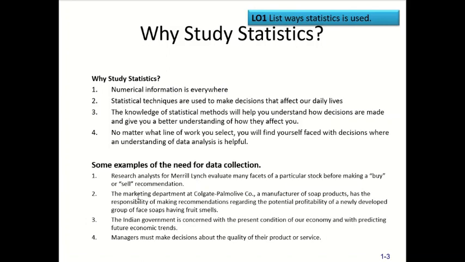Now if we consider the marketing perspective, maybe an organization wants to launch a new product, such as Colgate Palmolive might want to manufacture and launch a new range of soaps with fruit smells. So before launching it, they might want to test the market, or identify the potential for such a product in the market.